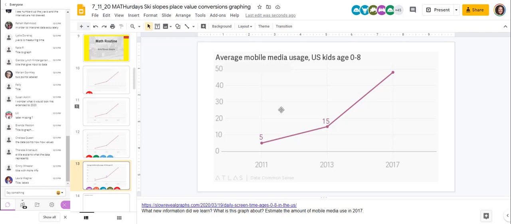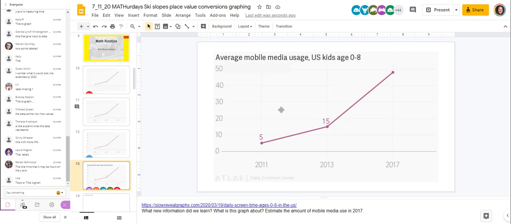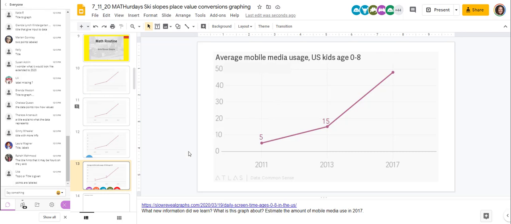I wonder, now that it says average mobile media usage, if the 0 through 50 is millions, thousands, tens, minutes, hours. I just wonder what it is. That's my wonder. Very cool.